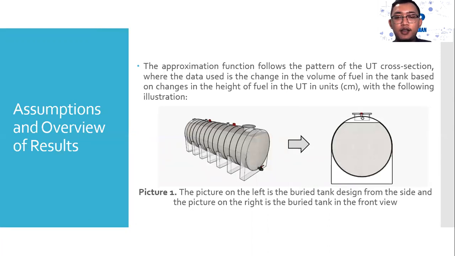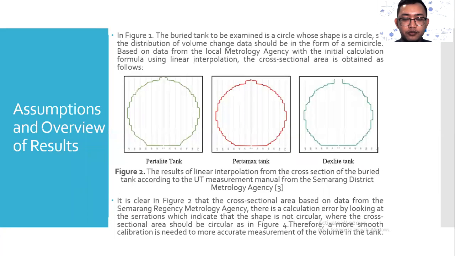And this is the design of the underground tank. We look from the front, or from the end of the underground tank, so we see a symmetrical circle. So we make an approximation function from that. This is the linear interpolation.